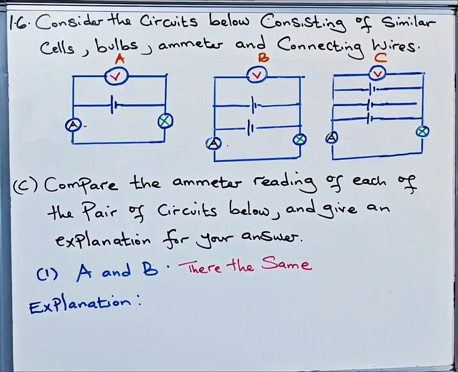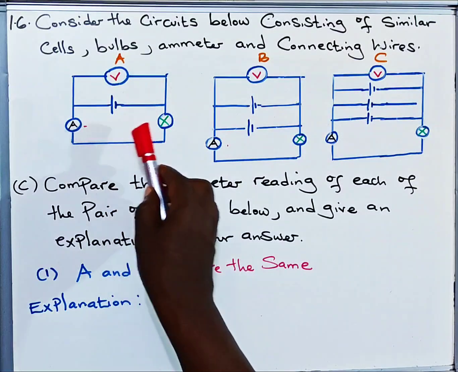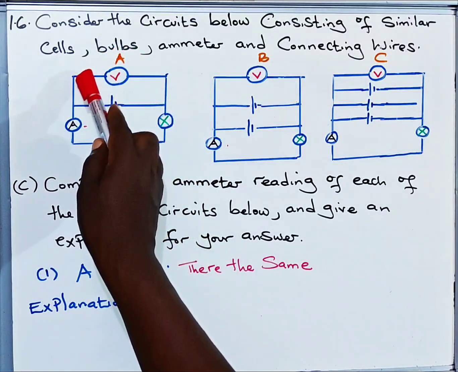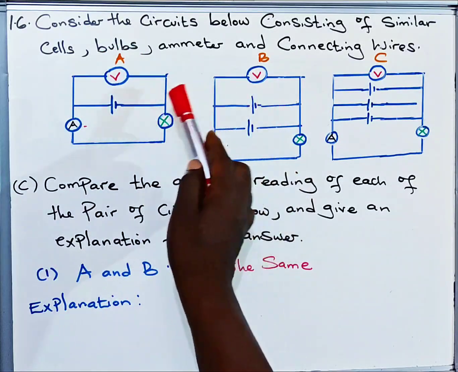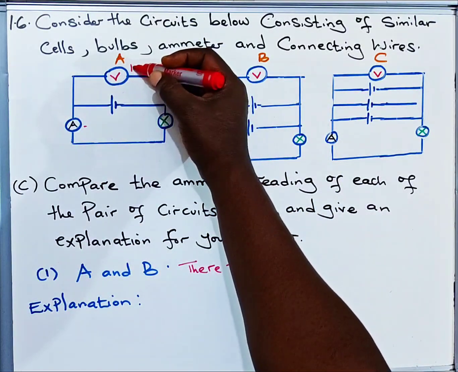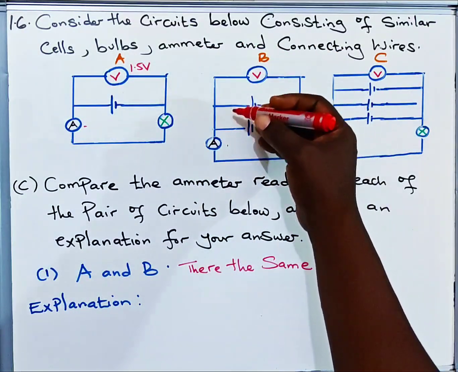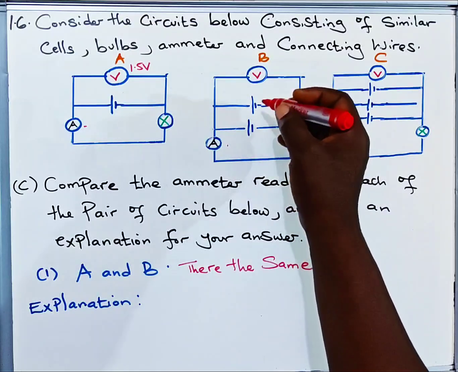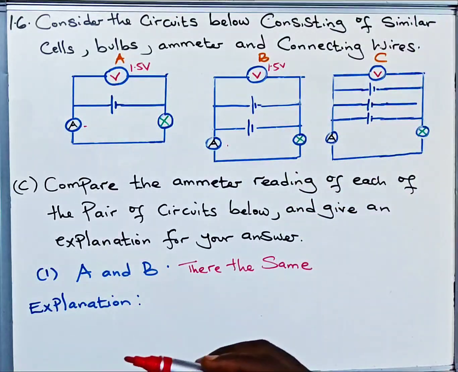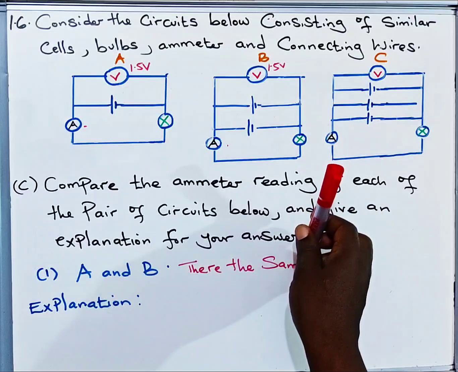Explanation. So we said they are the same. What is the explanation for these two ammeter readings being the same? The answer is that they have the same potential difference. Remember, if this cell is 1.5, the reading here is going to be 1.5 volts. And even though these are two, this one is also going to be 1.5 volts. That's what happens when the two cells are connected in parallel.